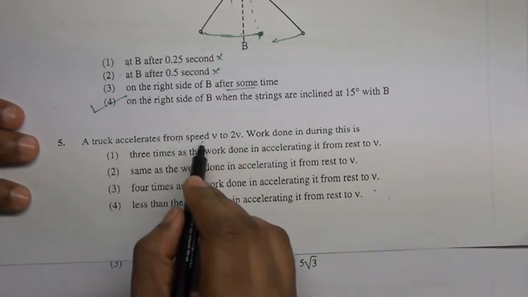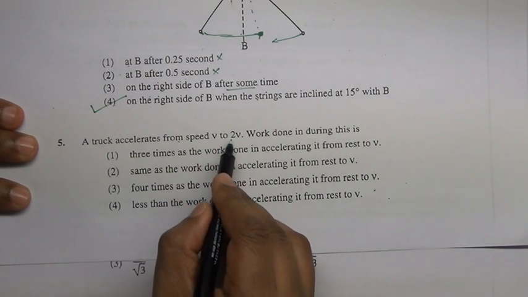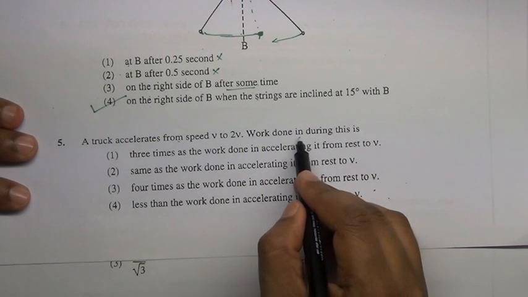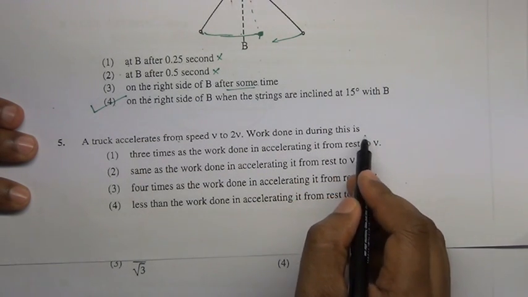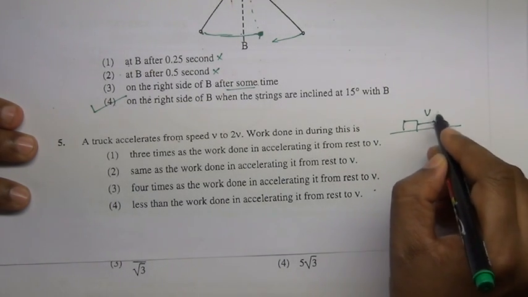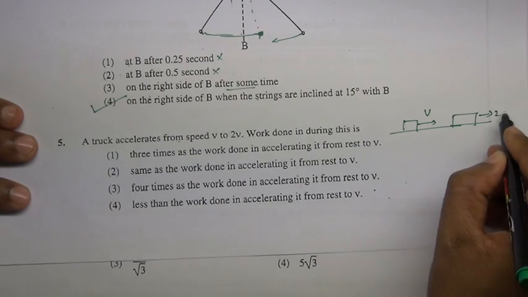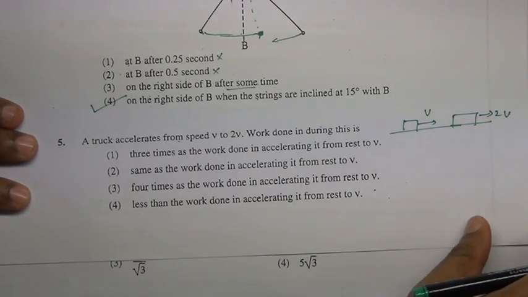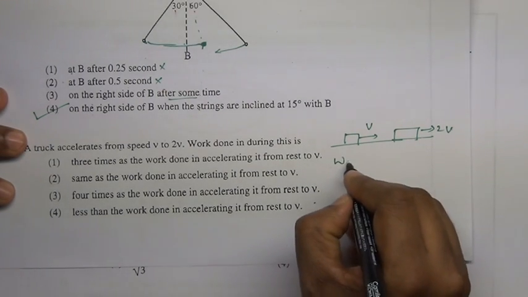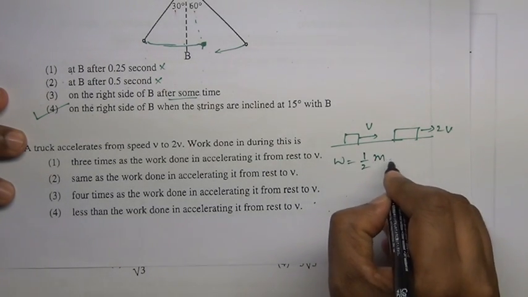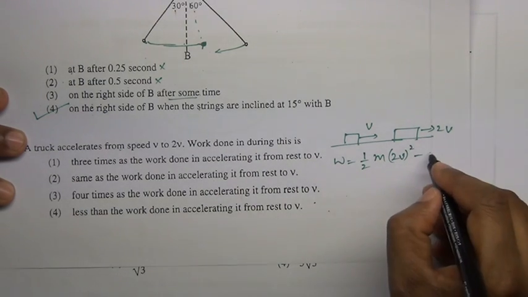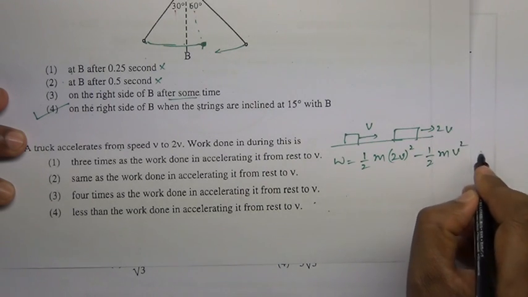A truck is accelerated from a speed v to 2v. Work done during this is, so a truck is accelerated from velocity v to velocity 2v. Okay, and the work energy theorem says half m final velocity square, half m (2v) square, minus initial, half m v square.